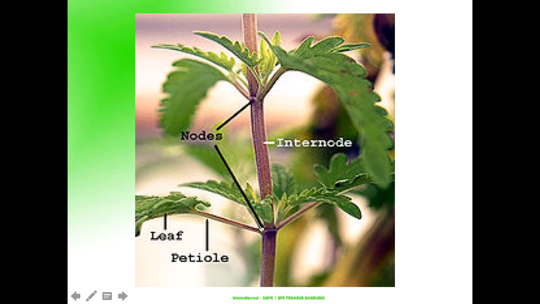So this part is called nodes, while this part is internode, a space in between the nodes. In bahasa Indonesia, nodes is buku, internode is ruas.